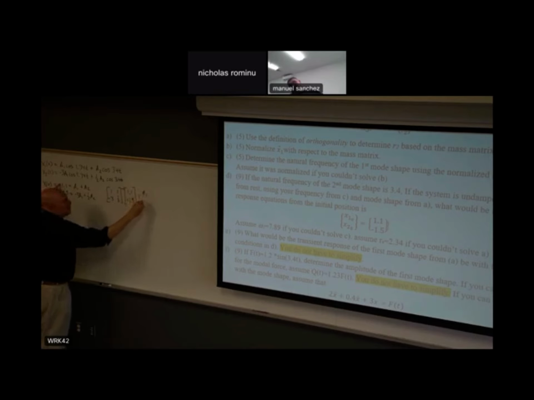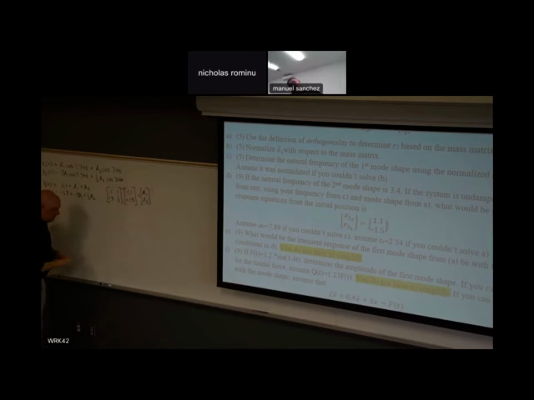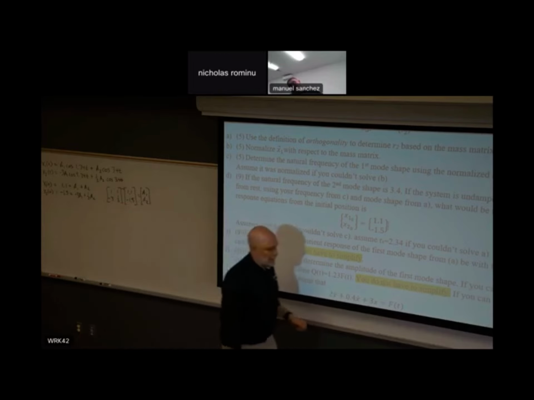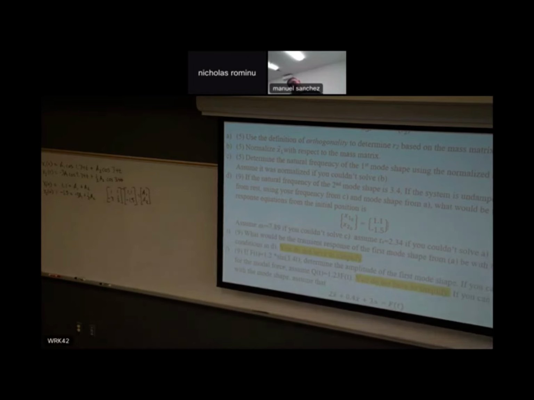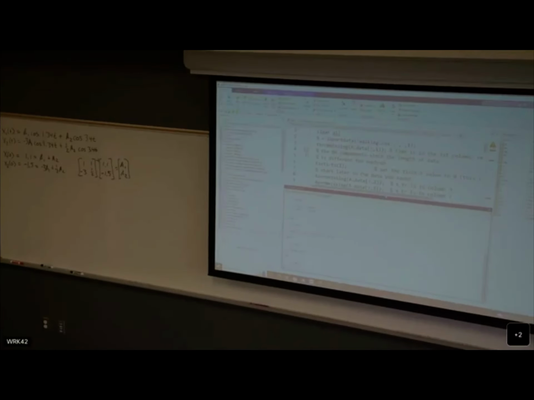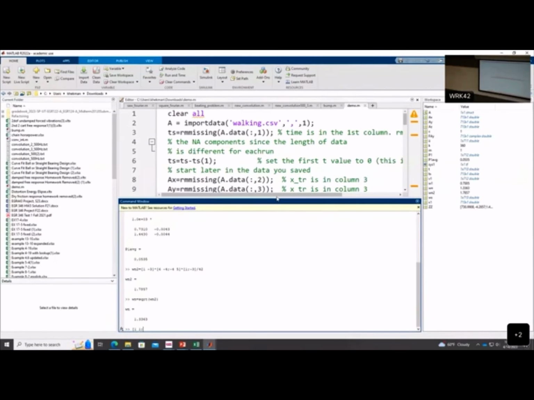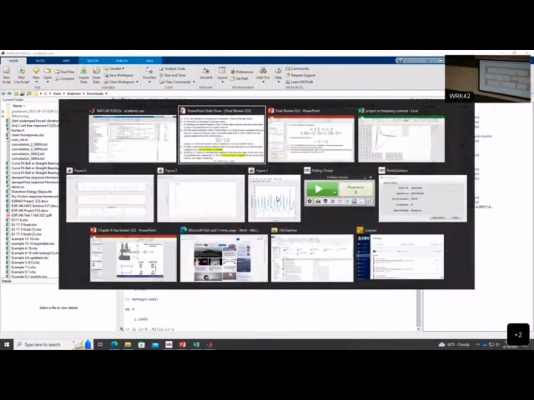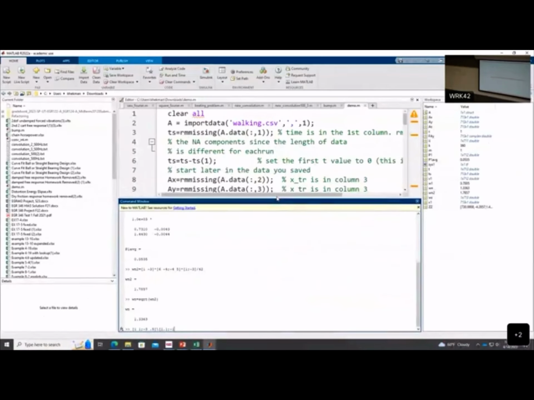That gives us A1 and A2. So it was [1 1; -3 .5], inverse, that's a backslash, times [1.1; -1.5].